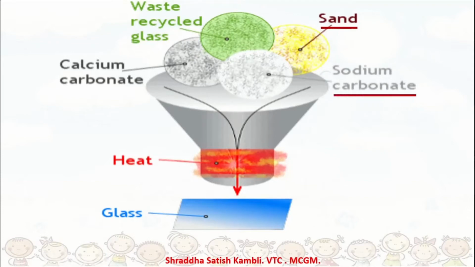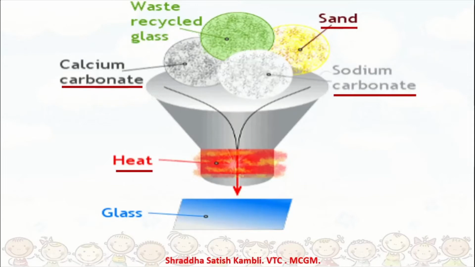So see here, chemicals like sodium carbonate, chemicals like calcium carbonate. Now you will learn about all these chemicals when you go to a higher class. So here let us remember that sand is mixed with certain chemicals and then it is heated. After it is mixed with the chemicals, it is heated.